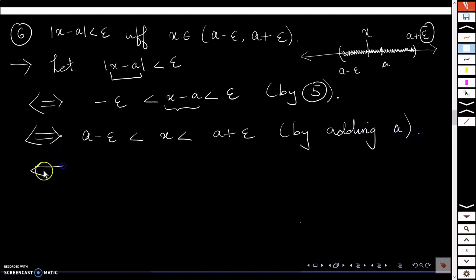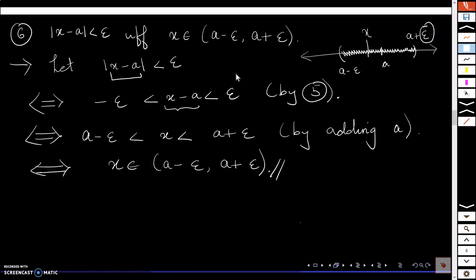That means x lies between A minus epsilon and A plus epsilon. And by definition of an interval, x belongs to this open interval A minus epsilon comma A plus epsilon. And we have this result. So mod x minus A is going to be less than epsilon if and only if x belongs to A minus epsilon comma A plus epsilon.